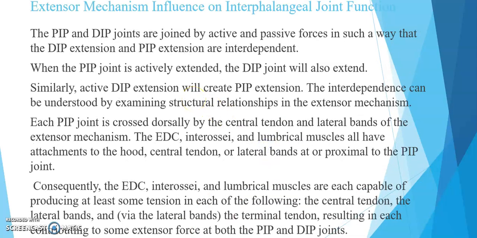Now, in the final part of the extensor mechanism, how is the extensor mechanism influencing the interphalangeal IP joint function? The PIP and the DIP joints, that is the proximal interphalangeal and the distal interphalangeal joints, are joined by active and passive forces. Both active and passive forces are acting in such a way that DIP extension and PIP extension are interdependent.